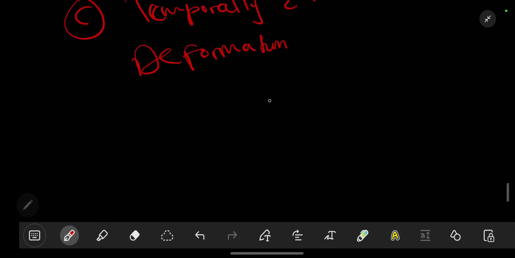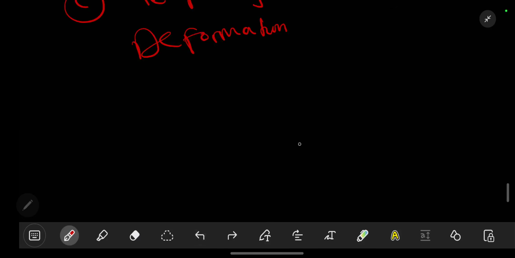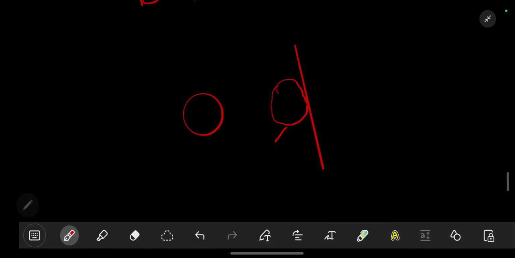As the ball strikes an object, the ball initially changes shape. Let's say the ball is like this, as it strikes, it absorbs the impact and changes shape. Then when it goes back, it maintains its original shape.